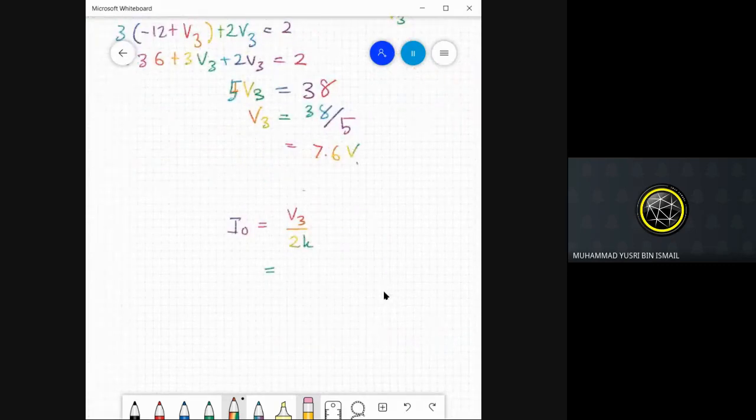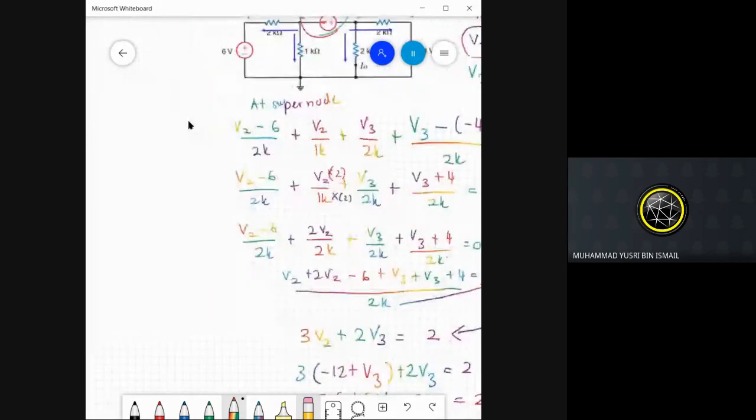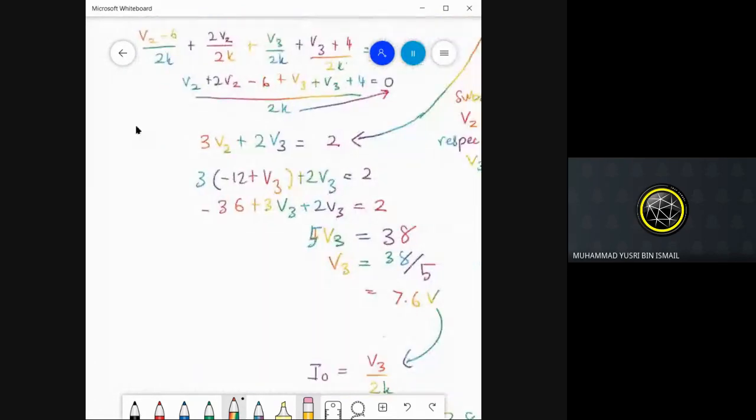So substitute this value into this equation. So you will have 3.8 milliampere.